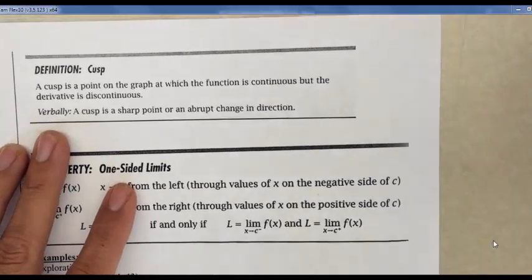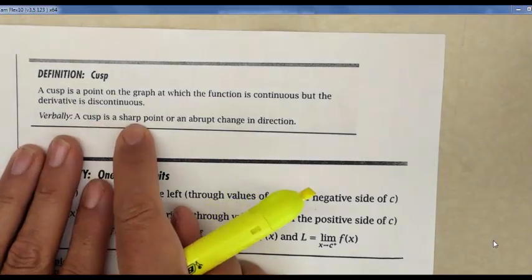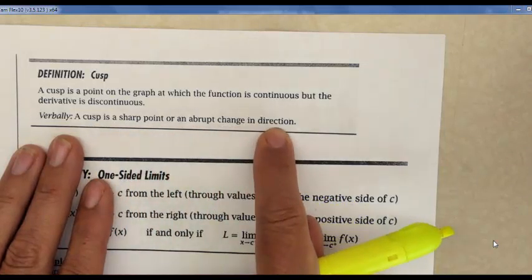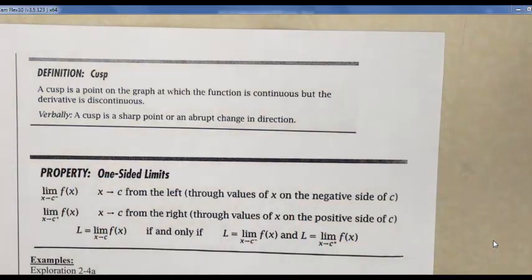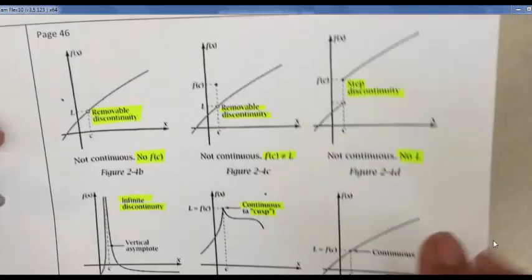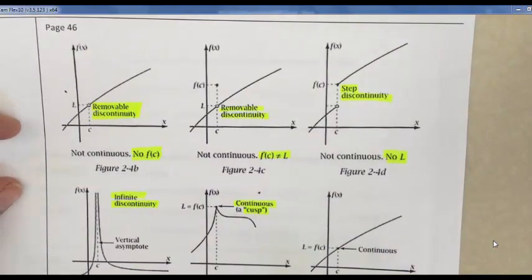I don't want to worry too much about that right now. We'll get more into that, I promise. But a cusp is a sharp point or an abrupt change in direction, basically. So think of it as a sharp point or a corner. If you approach that cusp from the left and the right, you're going to have different slopes.